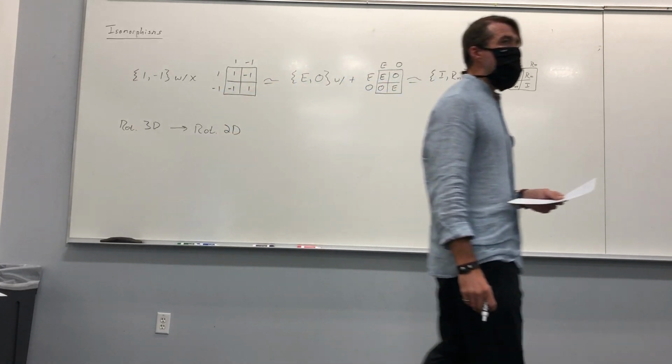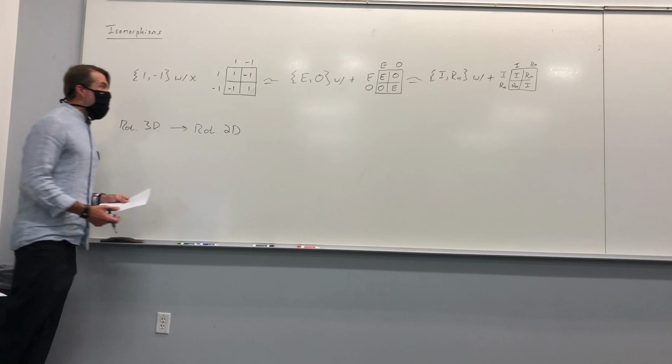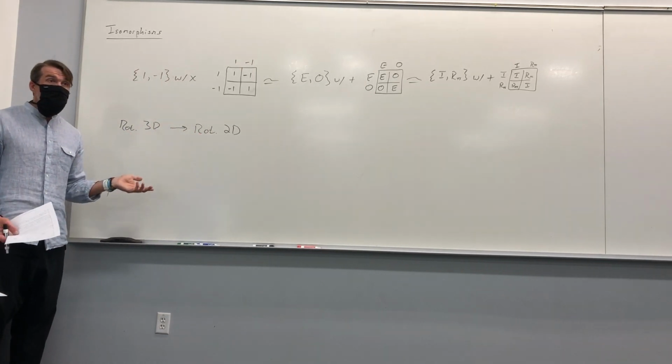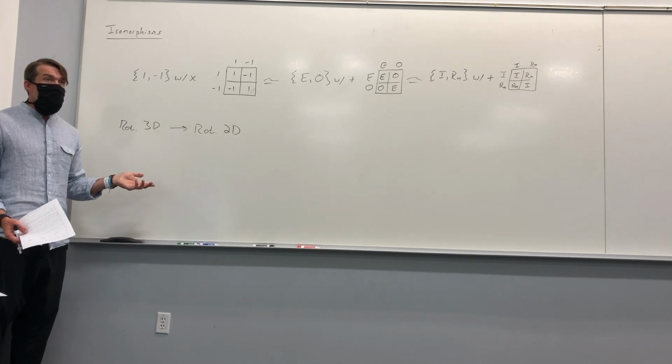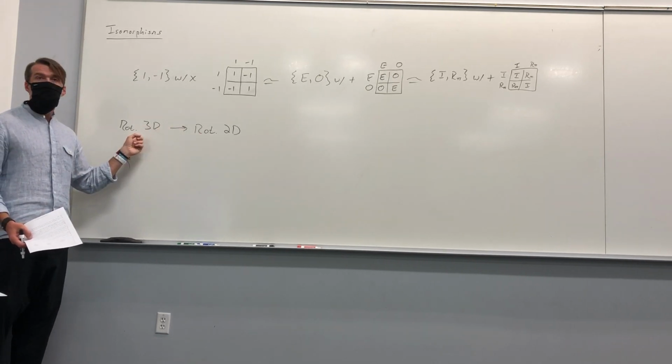Okay? So you might say, well, if there's this map from 3-dimensional rotations to 2-dimensional rotations, does that mean they're isomorphic? Well, the map's got to go both ways, and the map does not go this way.